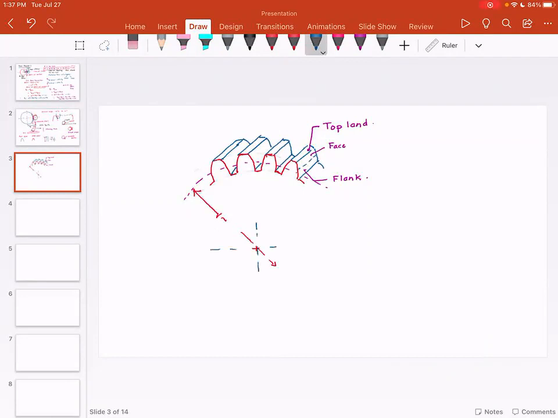So this is the center line. So this is called the pitch PCD. And this is a super important dimension for the gear.